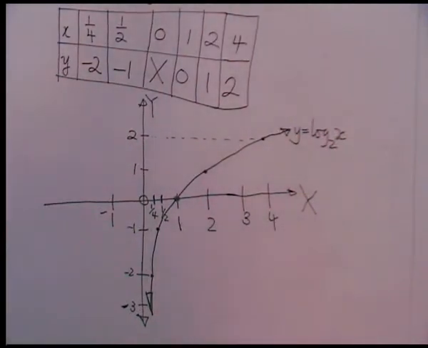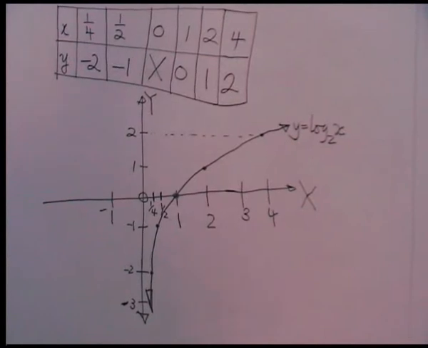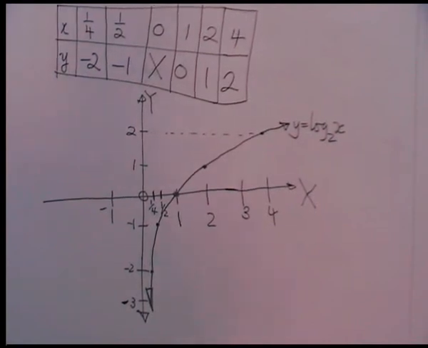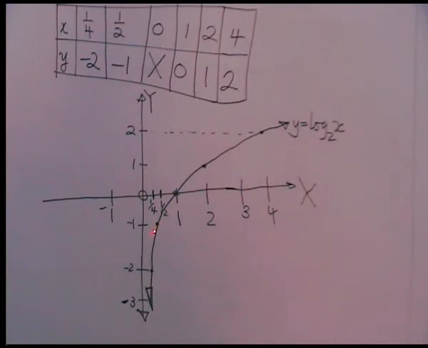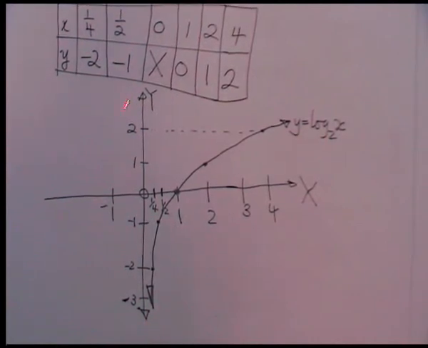Now an interesting point about this graph is that we can use numbers less than 1, but we will never use 0. That means this graph will keep coming closer and closer to the y-axis, but it will not touch the y-axis.